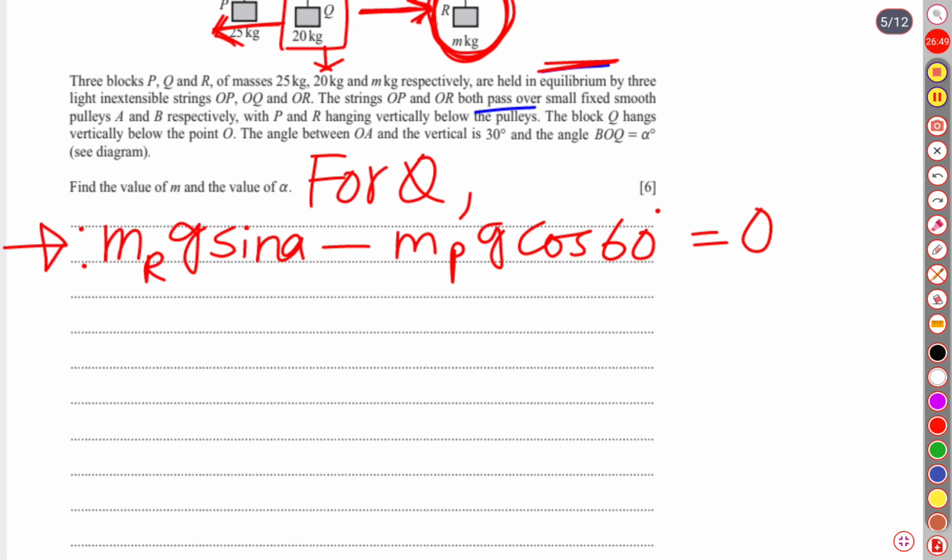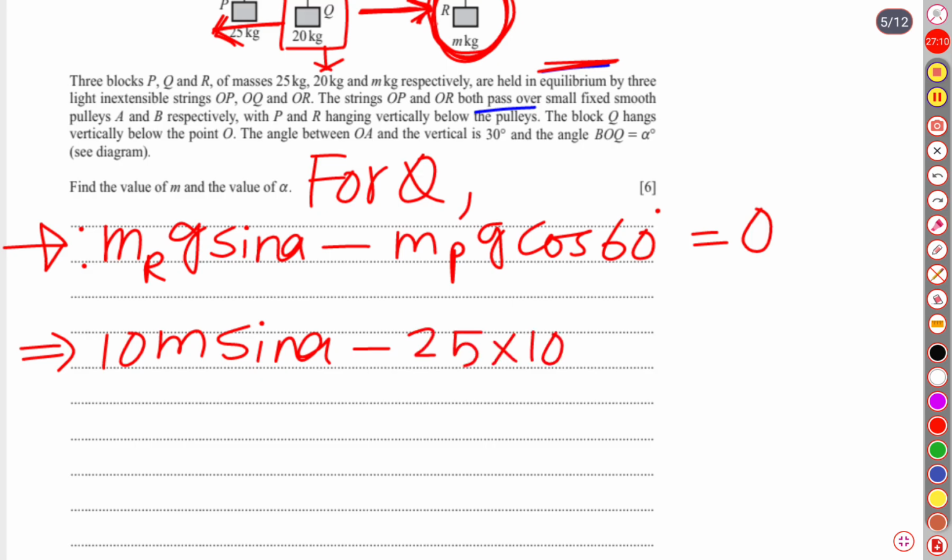Then if we calculate this, the mass of particle R is m, and acceleration due to gravity is 10, so 10m sin alpha. The mass of particle P is 25 kg, so 25 times 10, and cos 60 is 0.5, equal to 0.